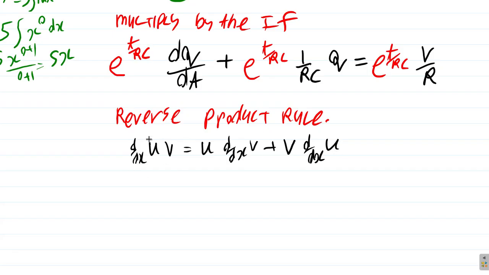Alright, so the derivative of the product of two functions of x. To find it, you hold one as it is, multiply by the derivative of the other, plus the one you just differentiated, you hold it as it is, times the derivative of the other that you held before. So this is the product rule.